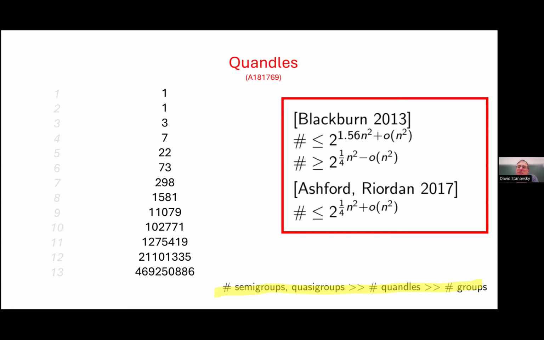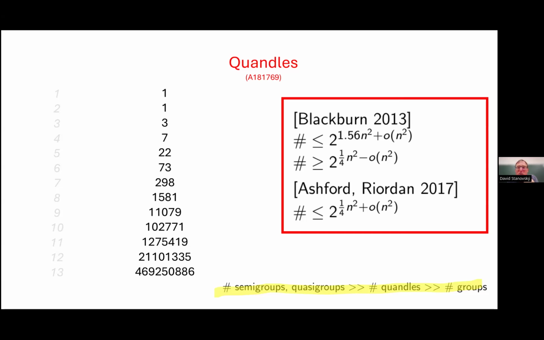And again, the trick is that under certain circumstances there is quite some freedom in the multiplication table. It's sort of like the construction for the semigroups.